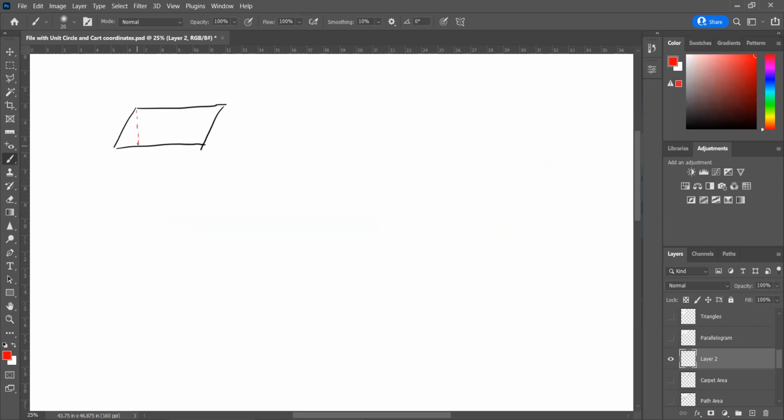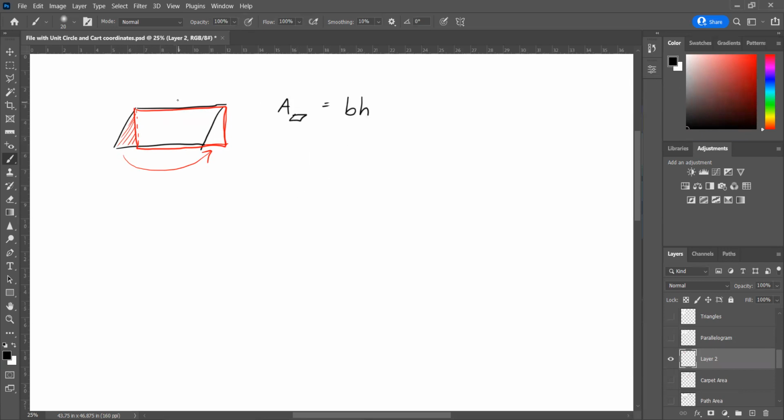If I were to cut off that triangle right there and bring it around to here, now I've got a rectangle. Notice this outside edge makes basically a rectangle, and that can help us determine how to calculate the area of a parallelogram. The area of a parallelogram is what we say is base times height.